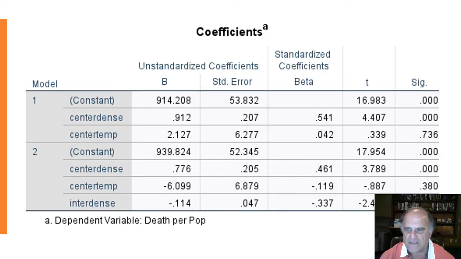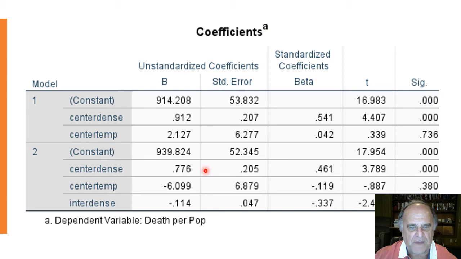And then we can look at the coefficients. Unfortunately, the interaction's cut off, but I'll tell you, it is significant, so that you're not worried. What we want to look at is Model 2.